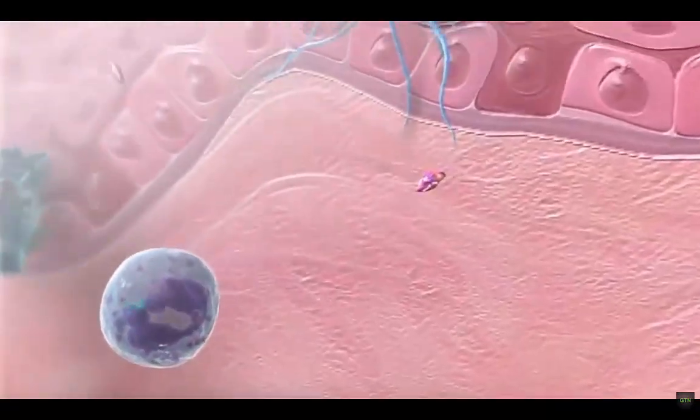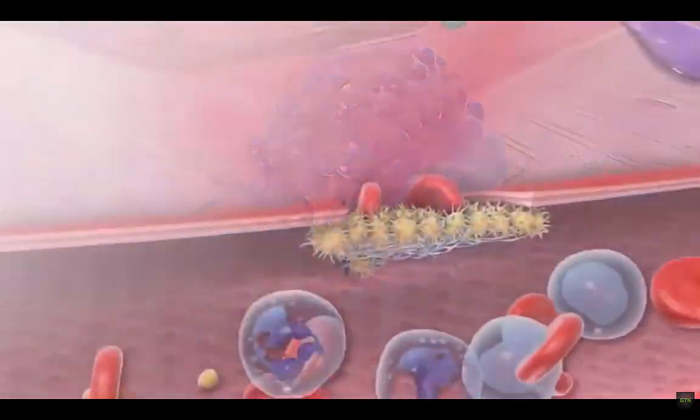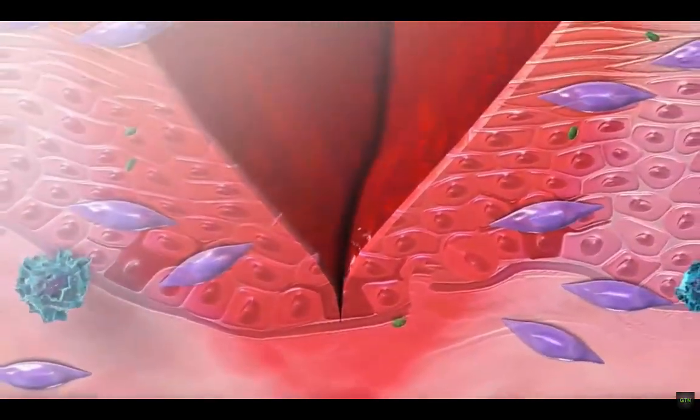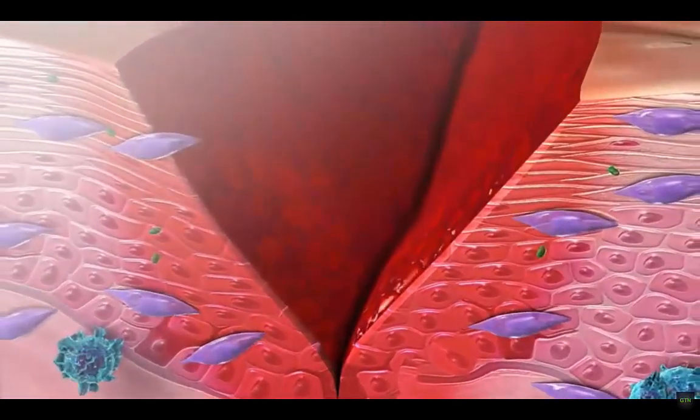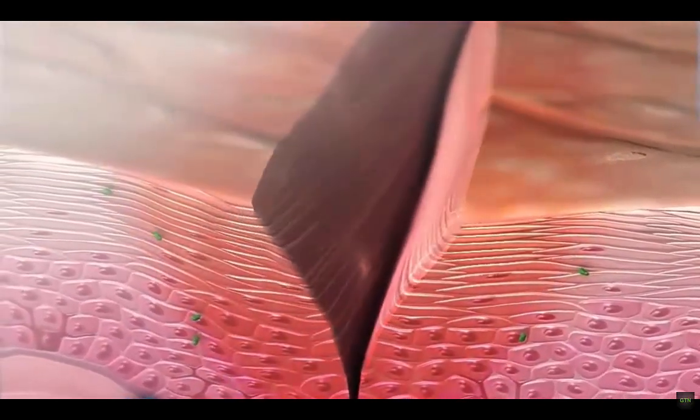White blood cells, called neutrophils, and macrophages work to consume bacteria and remove damaged tissue and debris. As bacteria and dead cells are removed, the proliferative phase of wound healing begins. Fibroblasts build new tissue by secreting collagen that takes the shape of the original tissue. During remodeling, the final phase of wound healing, the tissue created by the fibroblasts matures and regains its normal function.